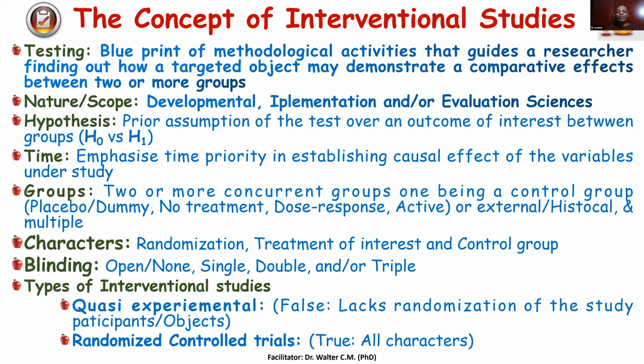You see? And then we have the dose-response control group, which you can label as a control group based on whether they are responding to the dose that you are giving. If they are not responding, it means you need to qualify them as the control group. So as you increase the dose, that is where you determine this will be a control group. And then we have active. Active is where you treat the control group the way you treat an interventional group, with something.